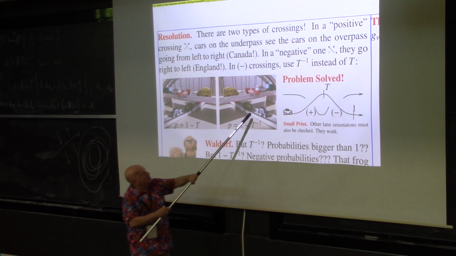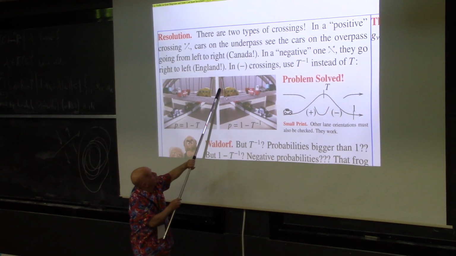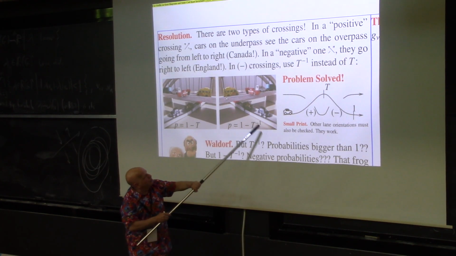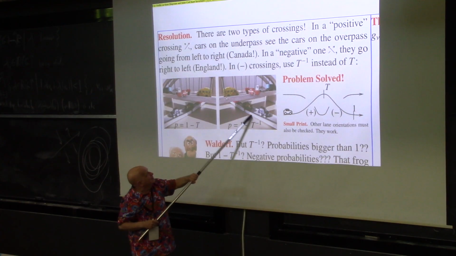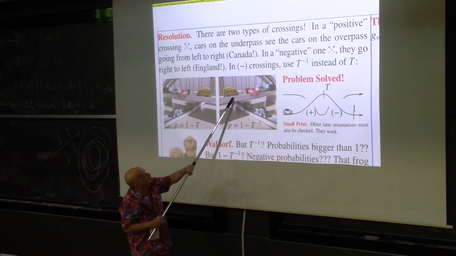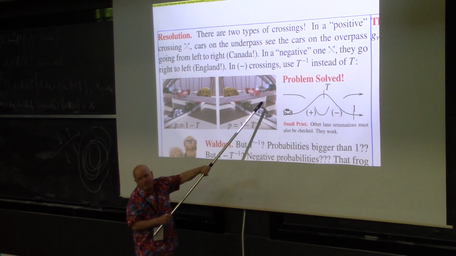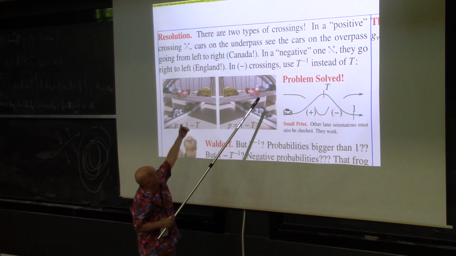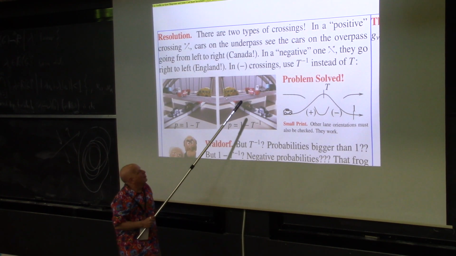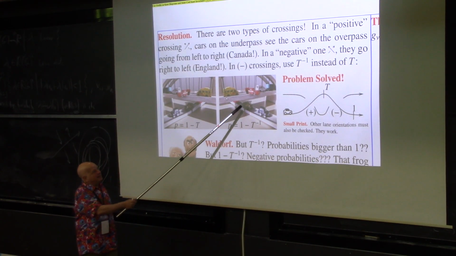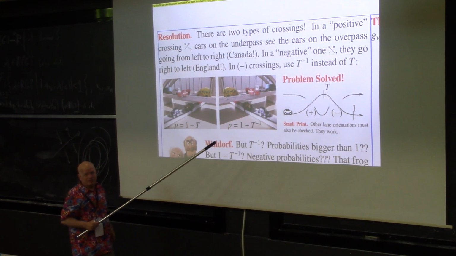And its mirror image, again, if I'm driving into the crossing, and I'm looking up to see how the traffic goes, it seems to go from right to left. Again, I'm coming from the other side. So that's an English crossing.